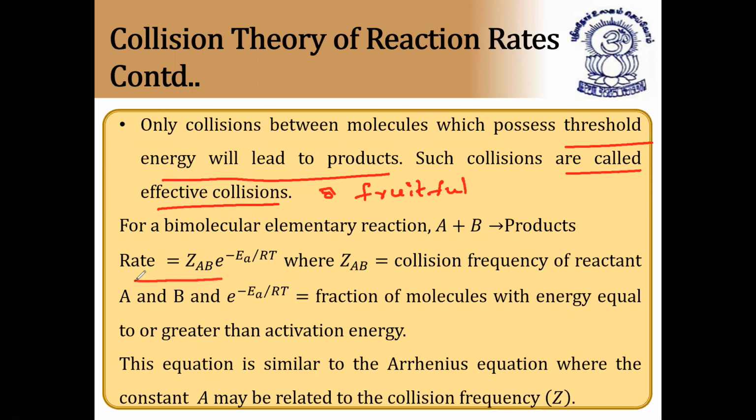Rate is equal to Z_AB e to the power of minus E by RT, where Z_AB is called the collision frequency of reactants A and B, and e to the power of minus E by RT is the fraction of molecules with energy equal to or greater than activation energy. This equation is similar to the Arrhenius equation, where the constant A may be related to collision frequency. I hope it is clear.